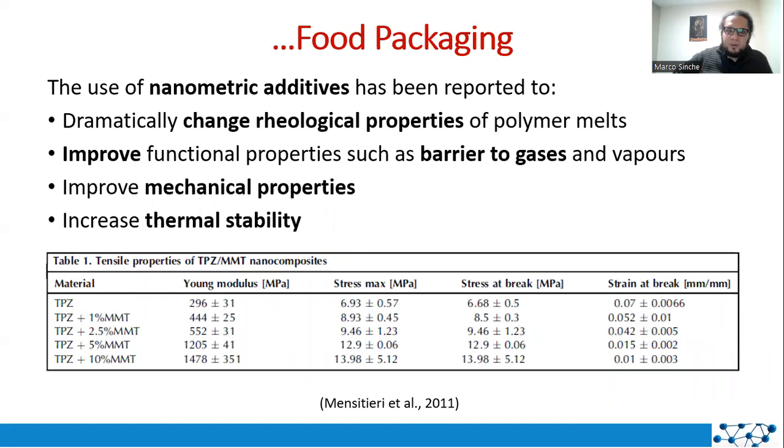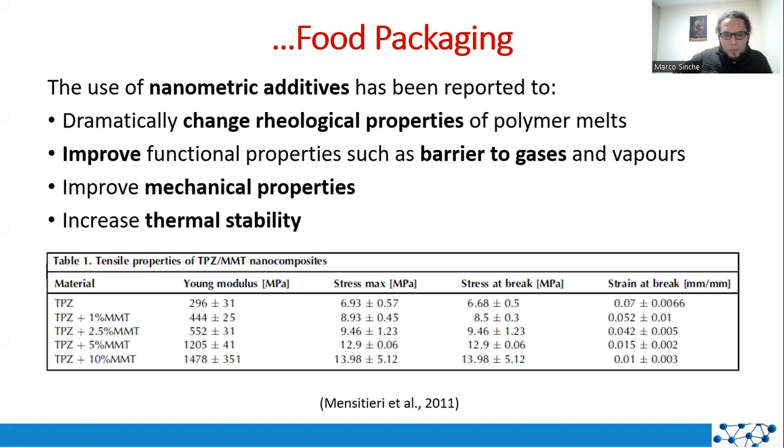In more recent times, the addition of nanometric materials to food packaging has been studied largely, and it has been proved that they could change the rheological properties of the polymers. They could also improve the barrier to gases, mechanical and thermal properties.